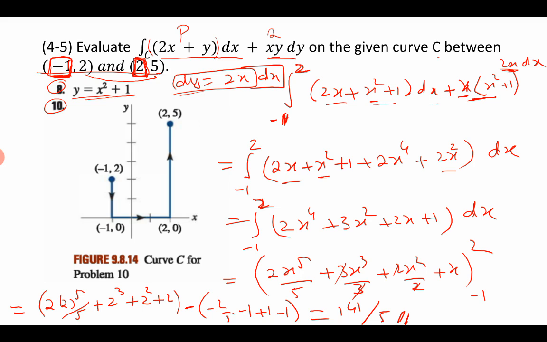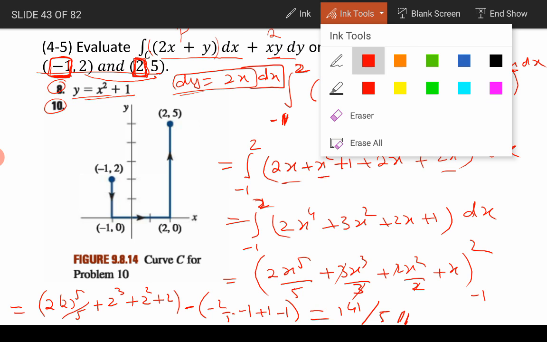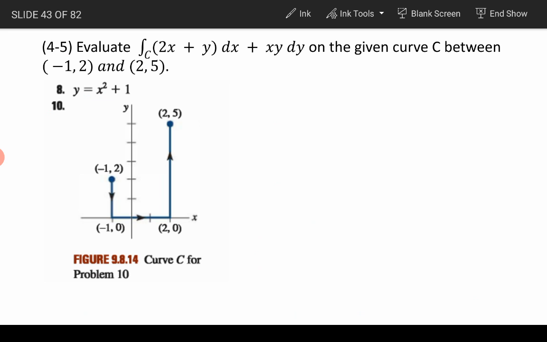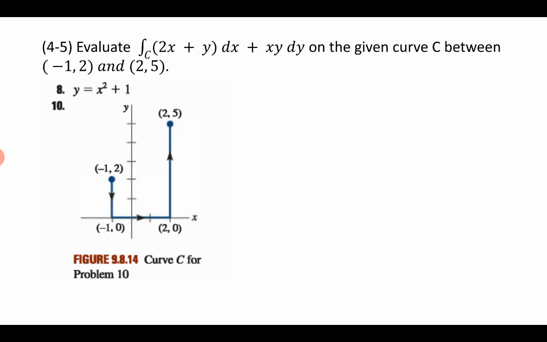Problem number 8 is done. Problem 10 is yet to be started. Problem number 10 is looking different, isn't it? We have not been given any function. This is 3 smooth curves. This is smooth curve 1, smooth curve 2, smooth curve 3.